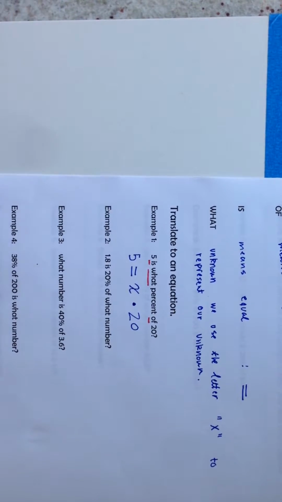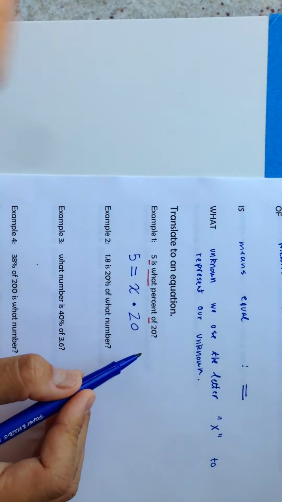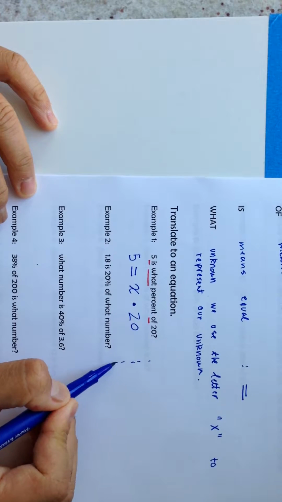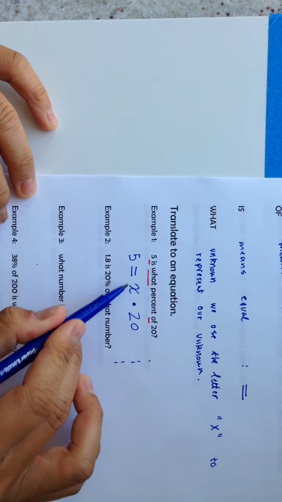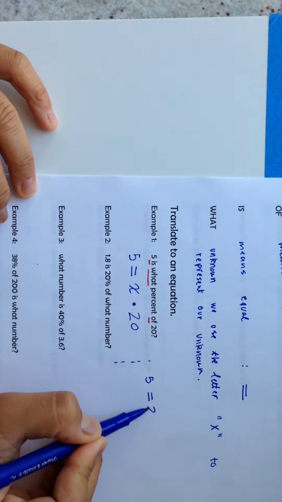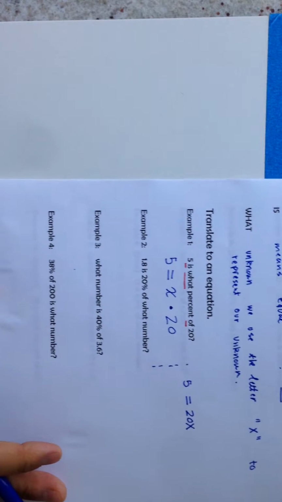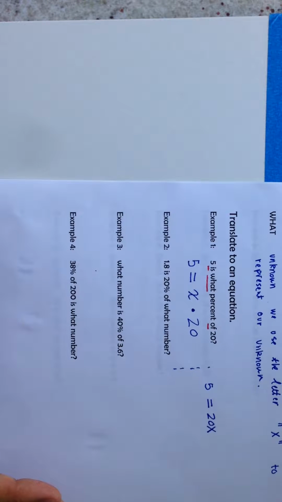Now we're just going to fine tune it and write it in a more understandable form. One way to write 5 equals X times 20 is 5 equals 20 times X, or we write 20X. That's the translation. So remember, the words is, of, and what have their meanings.